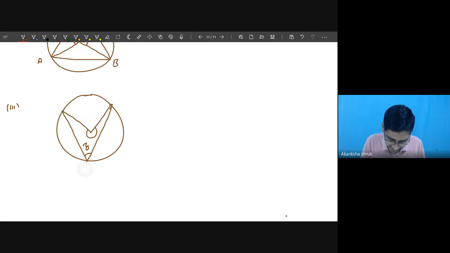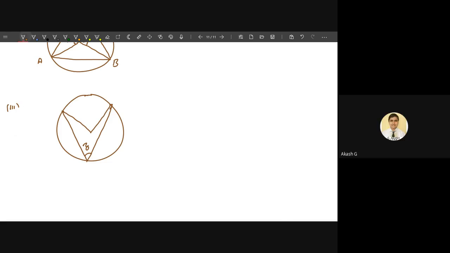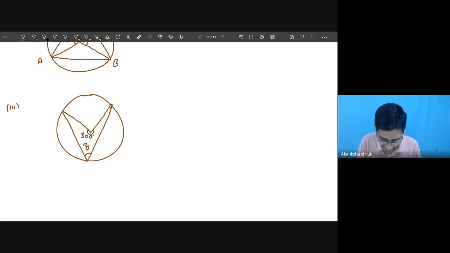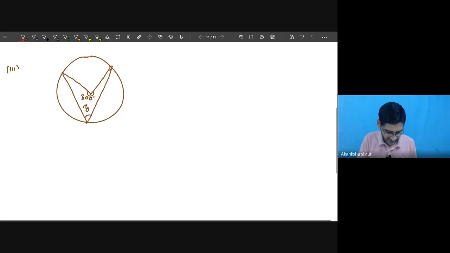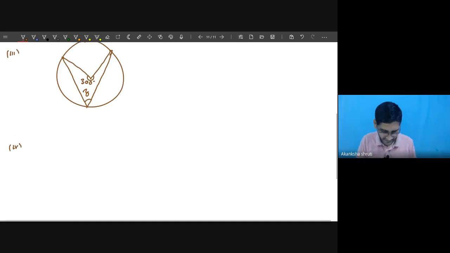So 300 degree is this. The given reflex angle is your 300 degree. Are you getting what is this Z? 30 degree. Yes, sir. So it is our 300 degree. The fourth one, student, you may be given the figure like this.